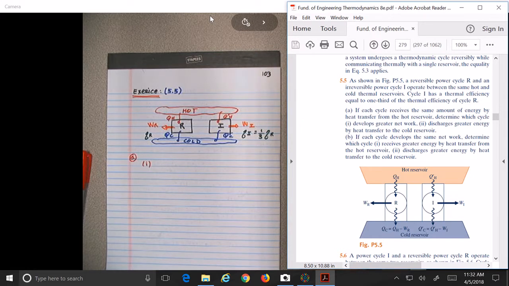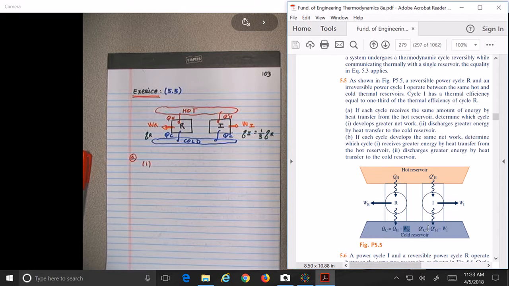I would just say by Carnot principle, and then determine which cycle discharges greater energy by heat transfer to the cold reservoir. So this time, which one will discharge more energy? The reversible or the irreversible? If you look at the solution here of the textbook, that might give you the answer, no?